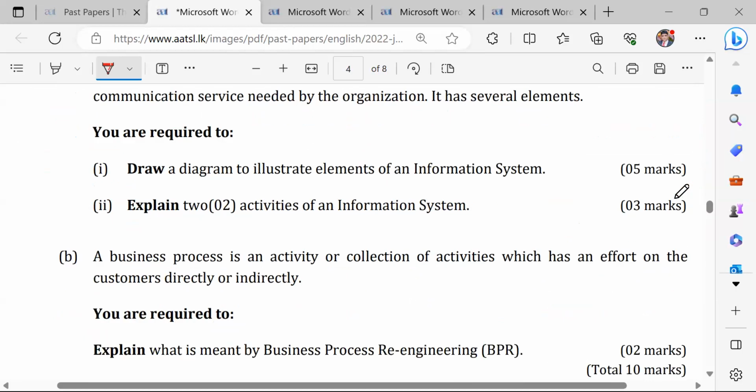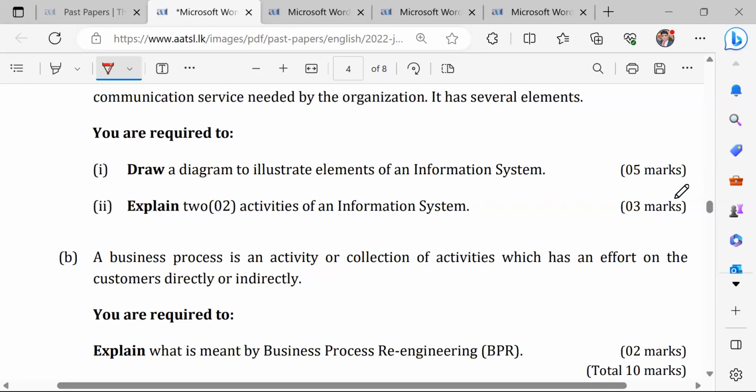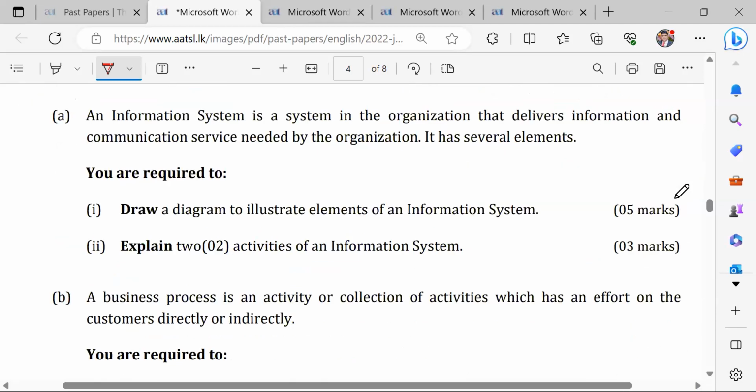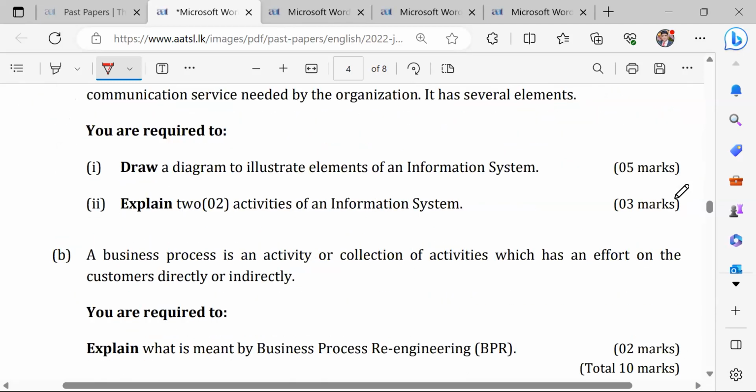Explain two activities of information system. For this drawing, you are getting 5 marks. Two activities of information systems. An information system is a system of physical or tangible and intangible components gathered for what?